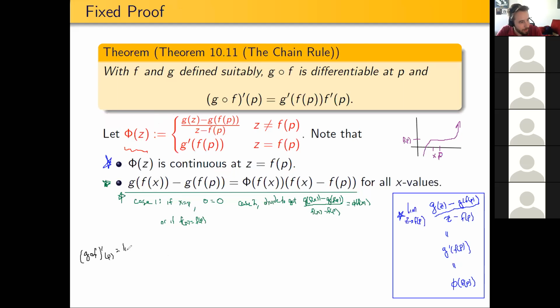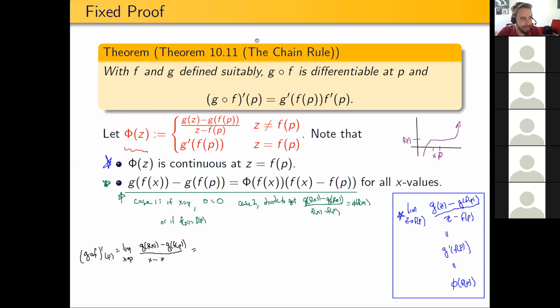So that's still the limit as x goes to p of g of f of x minus g of f of p all over x minus p. That's still what we're trying to compute. That's just the definition of the derivative.